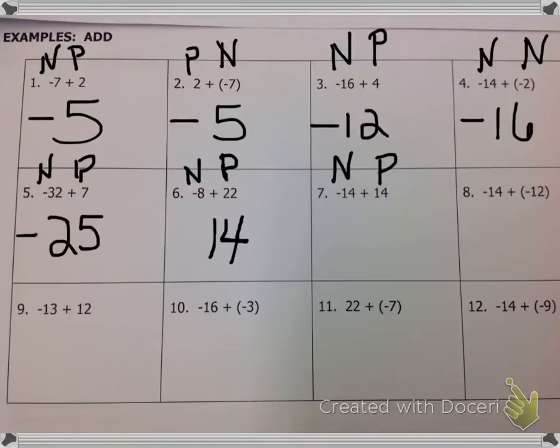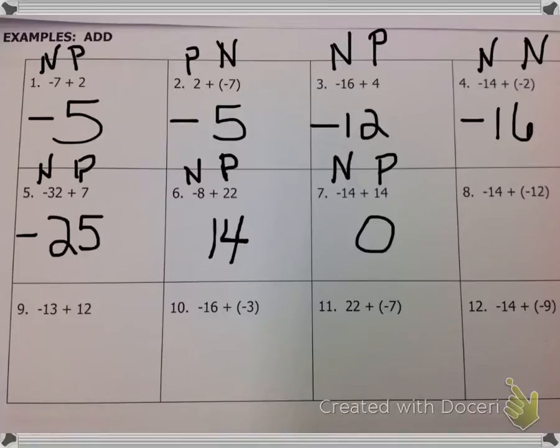The sum is 0. But if you think about your rules, same signs or different? Well, you have a negative and a positive. That's different signs, so different signs, subtract. What's 14 minus 14? 0. But that is an example of additive inverse. When you have the sum of an integer and its additive inverse, the opposite, the answer is 0.